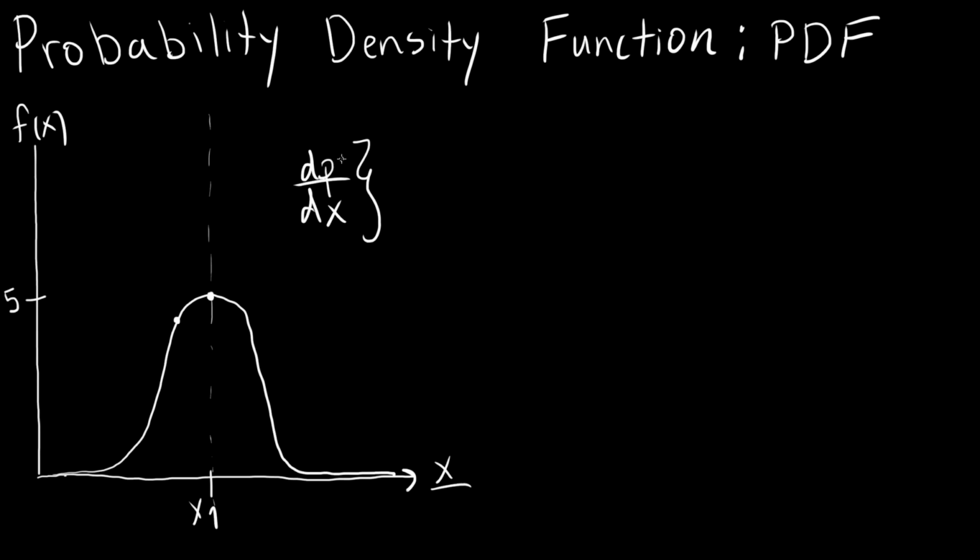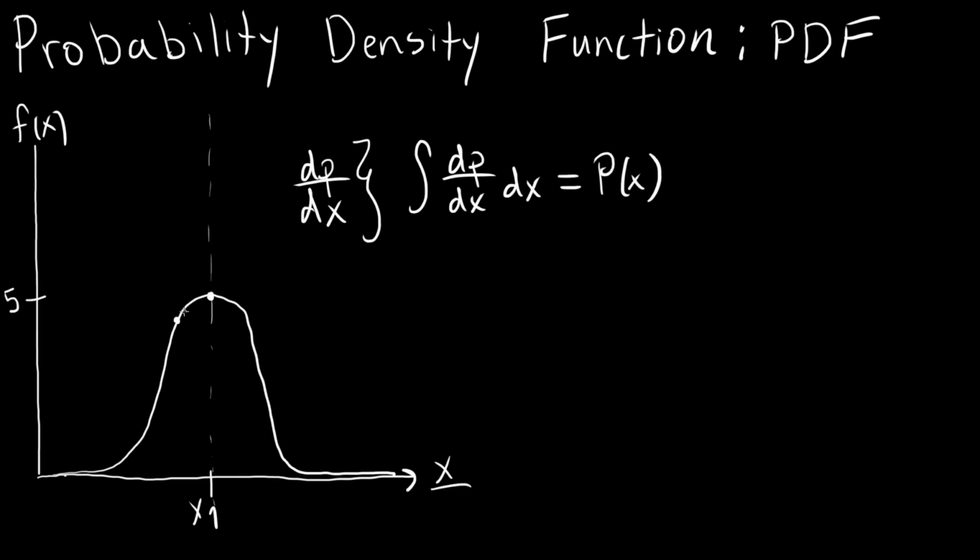So if we want to get the probability, what we have to do is integrate, because once we integrate, we get the probability, since this is the slope of the probability with respect to x. So we know that we have to integrate dP/dx with respect to x to get the probability function.